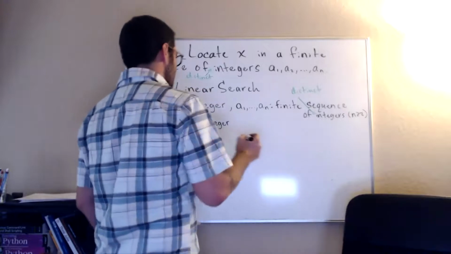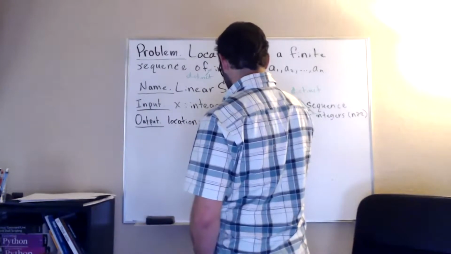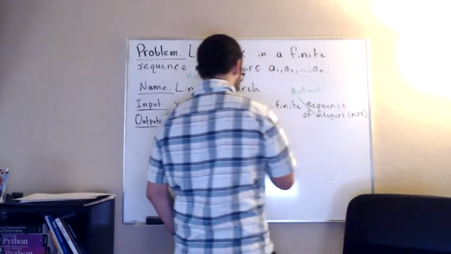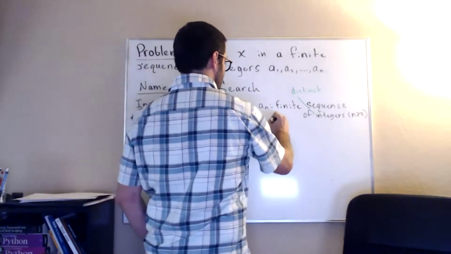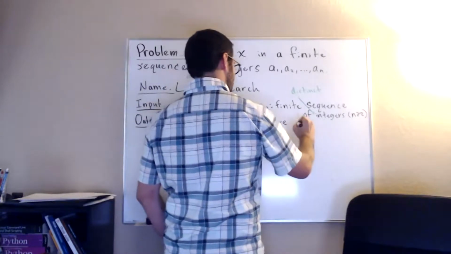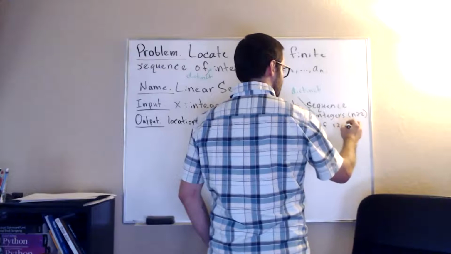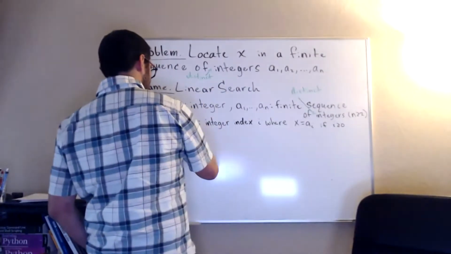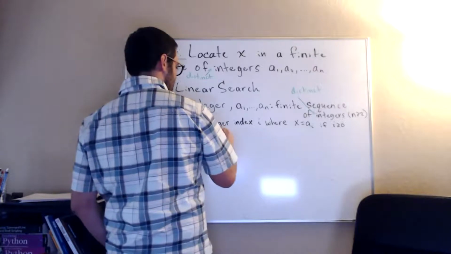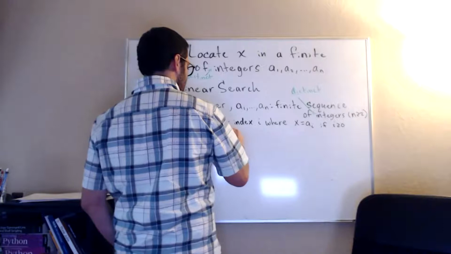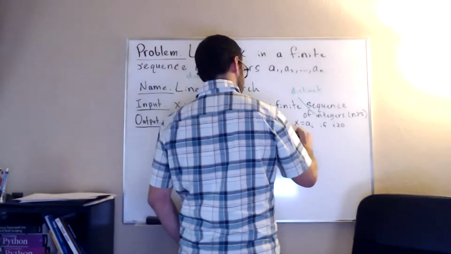So an integer index I, where x equals a sub I if I is greater than or equal to 0, and I equals -1 means x is not in the list. They're not in the sequence.